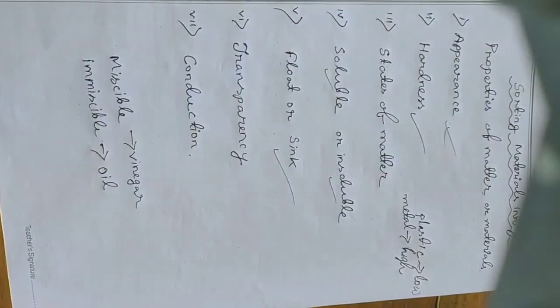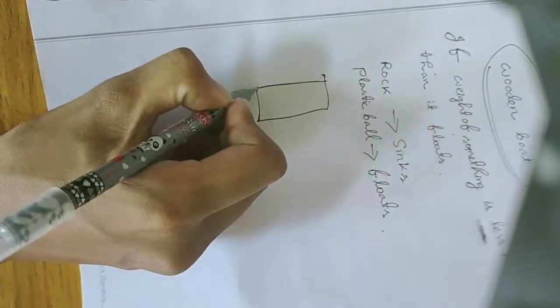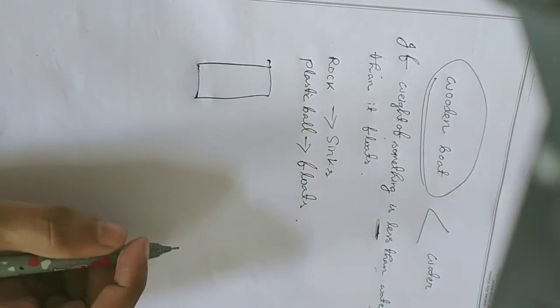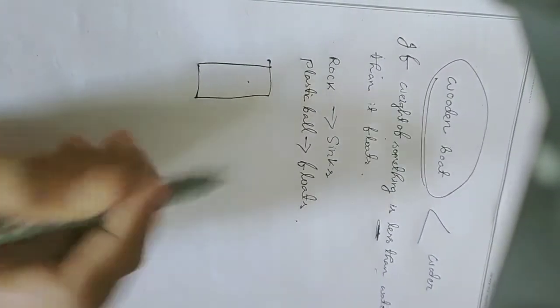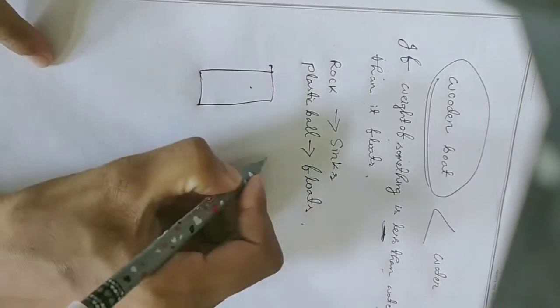Then transparency. Transparency is, suppose there is a glass window, if you light a torch, then you will see that the light passes through the glass window.